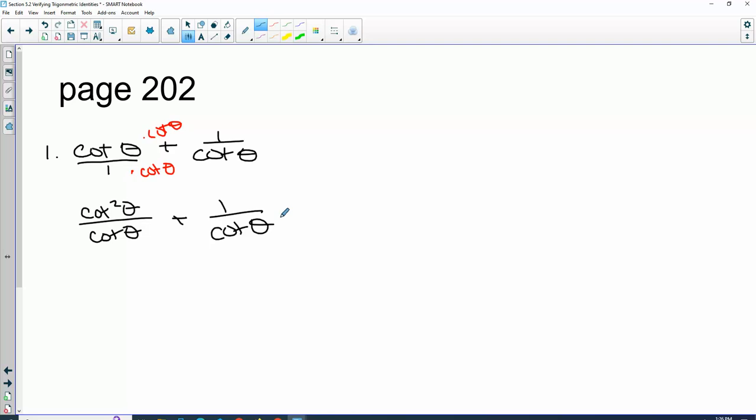Alright, at this point, now the denominators are the same, so we can put them together. So we have cotangent squared plus 1 over cotangent. Check your identities. What is cotangent squared plus 1?